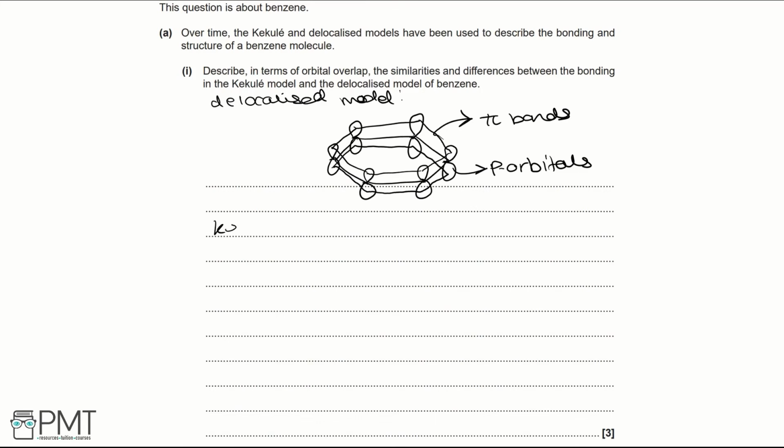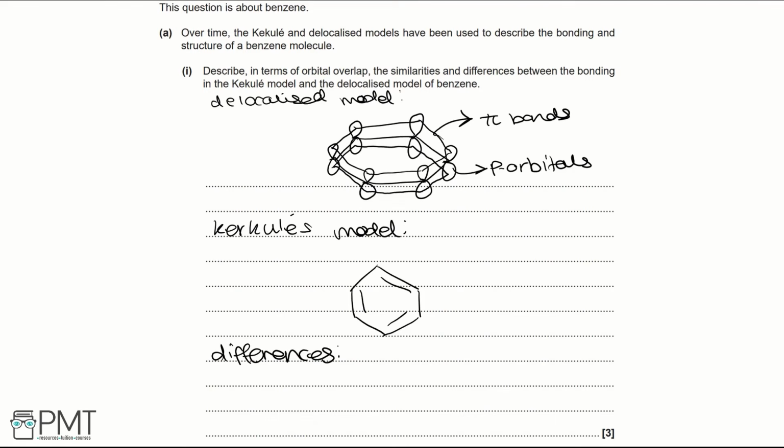Now we're going to draw a diagram for Kekulé's model. So Kekulé's model, we would draw a hexagon, like with the delocalized model. However, we're then going to draw double bonds on alternating sides. So this is the diagram for Kekulé's model. Now we need to talk about the differences between the two models.